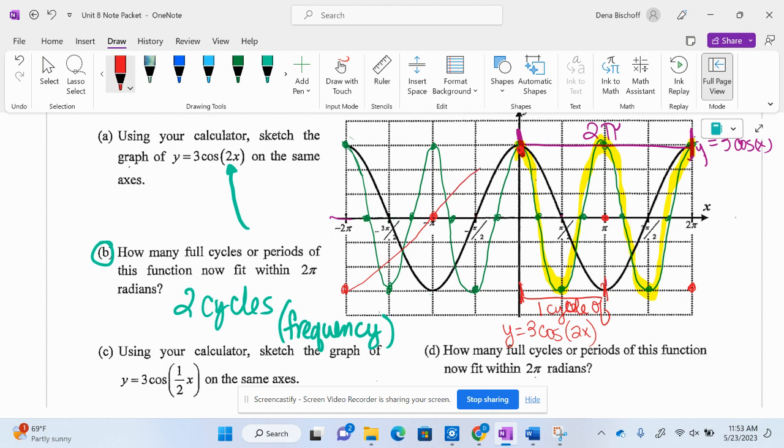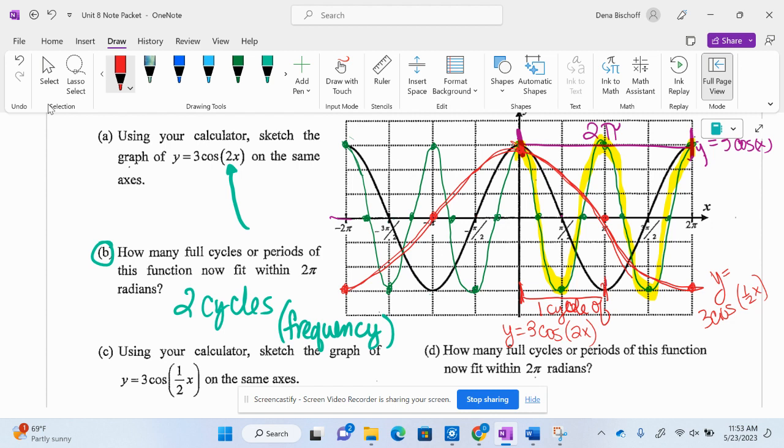So I've taken this graph and I've stretched it way out like that. So this is y equals 3 times the cosine of 1/2 x.